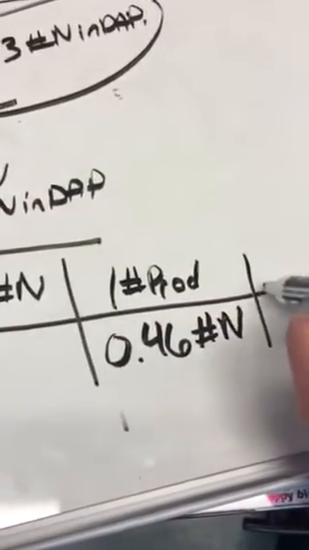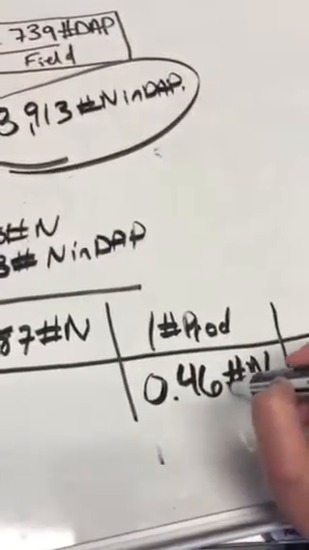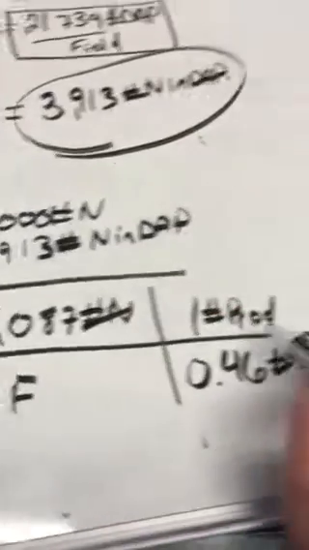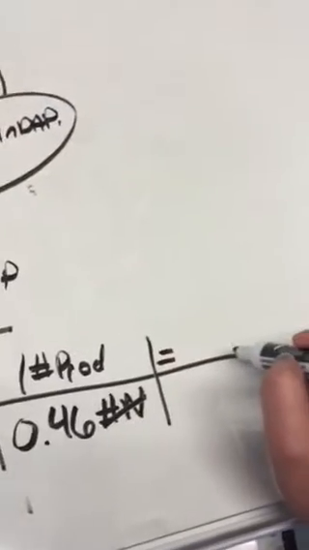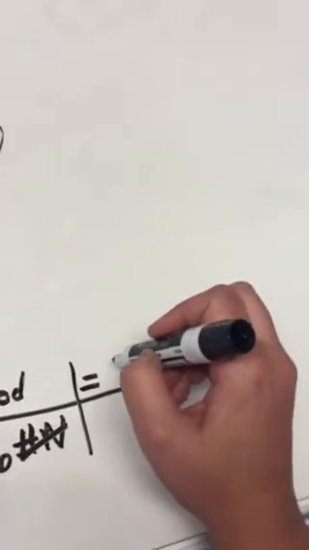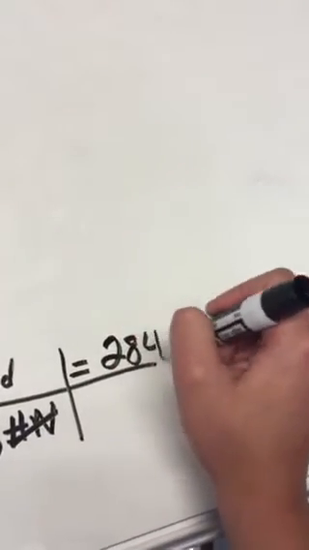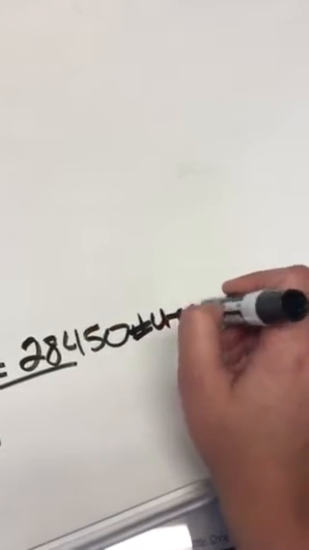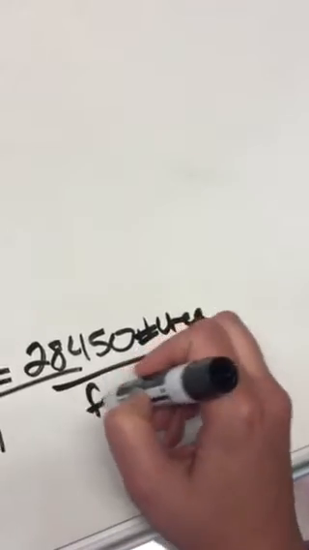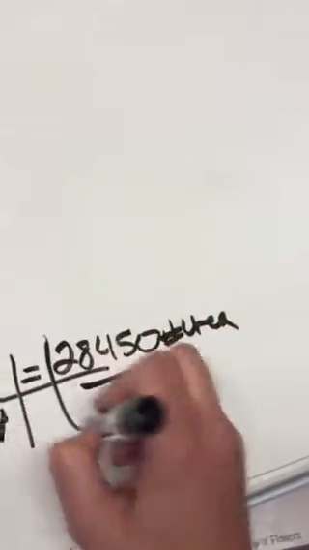And this is going to give us pounds of urea per field. And that number is going to be 28,450 pounds urea per field.